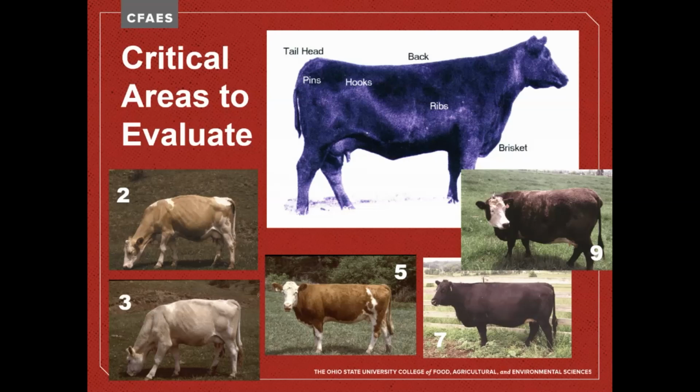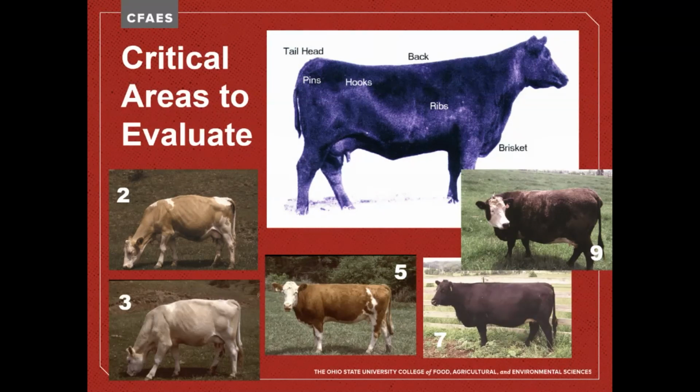The scale for BCS runs from 1 to 9 for beef cattle and 1 to 5 for dairy. In each scale, 1 represents emaciated, while a score of 9 for beef or 5 for dairy signals obesity. When beef cattle are very thin, or what we might call something under a score of 4, they are reproductively inefficient and more susceptible to health problems.